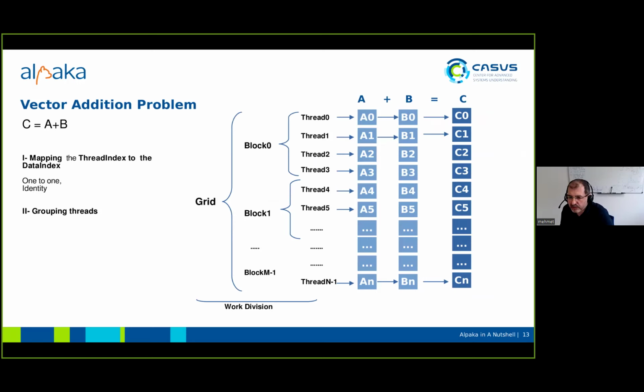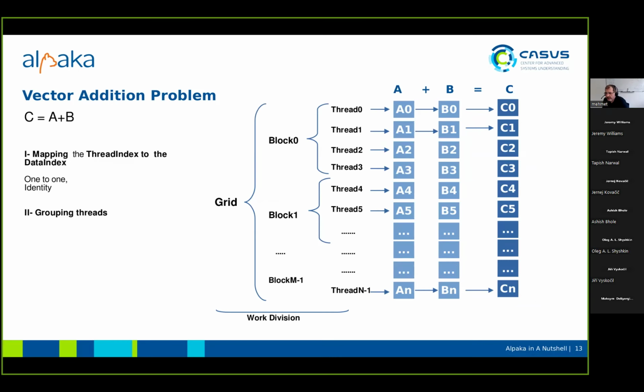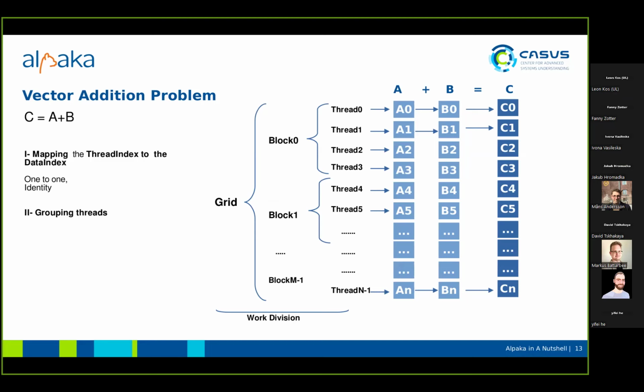That means we need to map threads to the data. In our solution, as you can see on the graph, a one-to-one mapping, actually an identity function, between thread indices and the data indices is used. Thread 0 will sum A0 and B0 to find C0. Thread 1 will sum A1 and B1 to find C1, and so on.